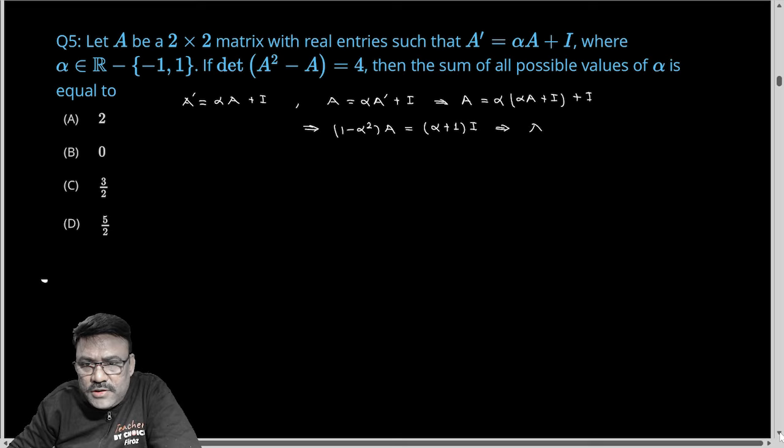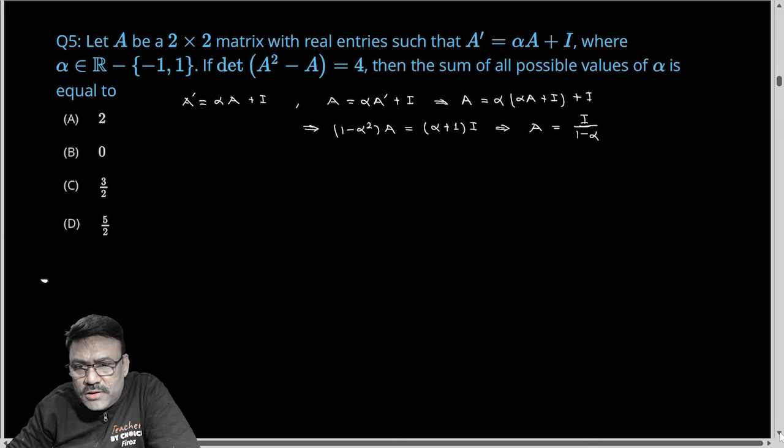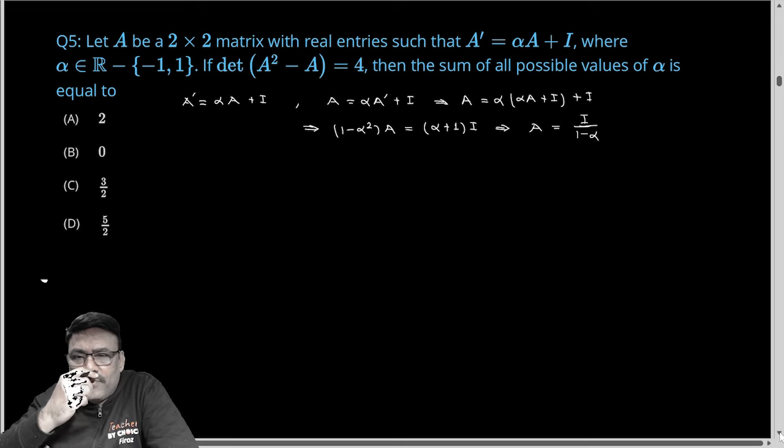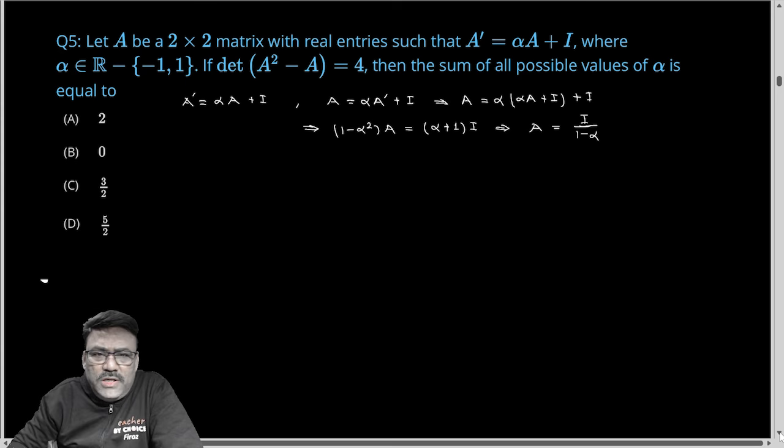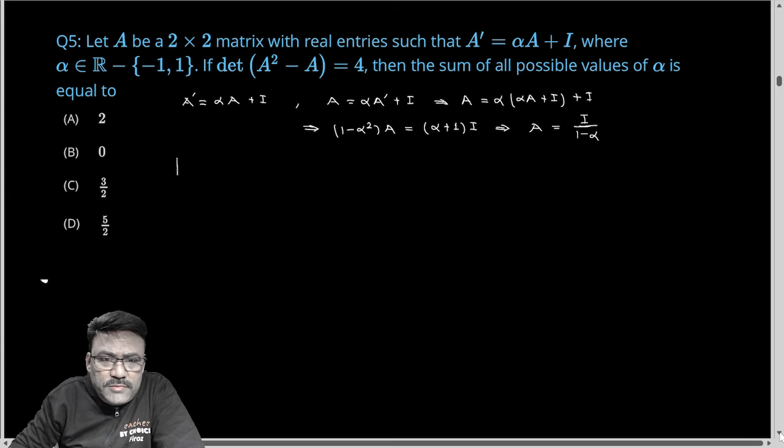So from here I am getting A is equal to I over 1 minus alpha, where I is the identity matrix of second order. So now I know that the matrix A is basically I over 1 minus alpha. Now they have given that if I take the determinant of A square minus A, it should be 4.